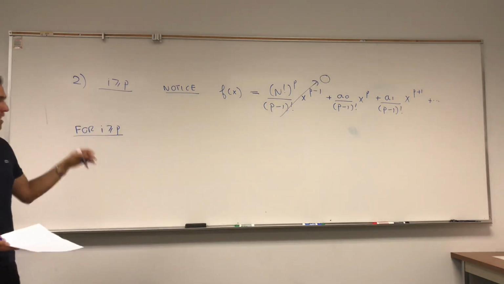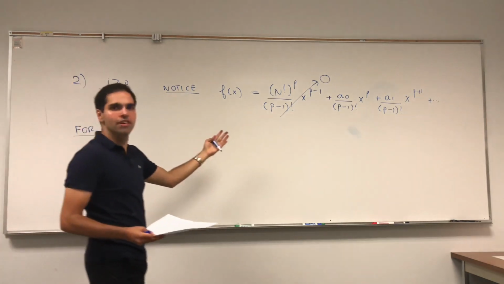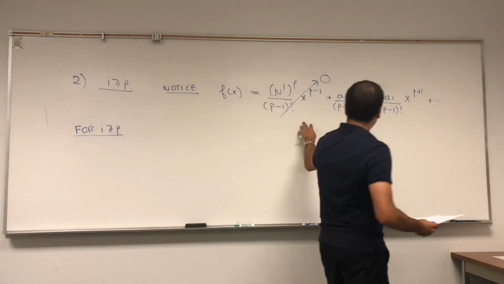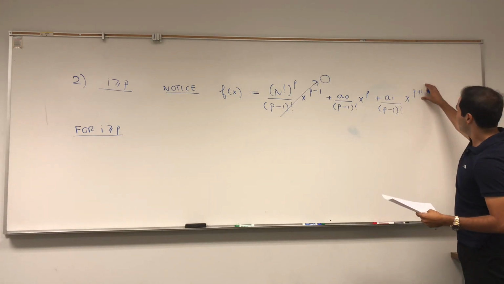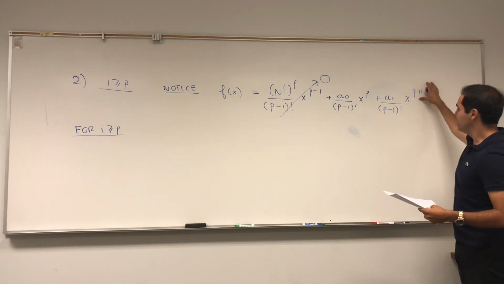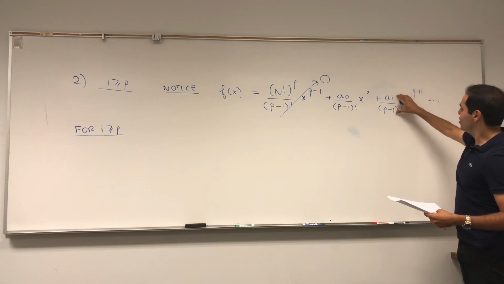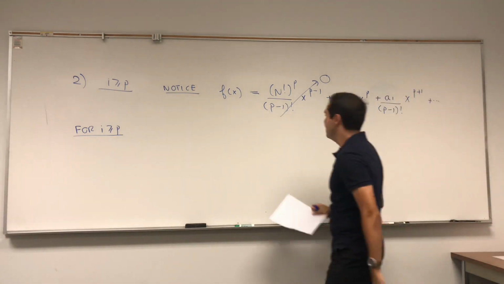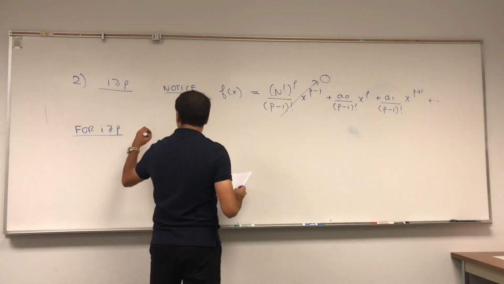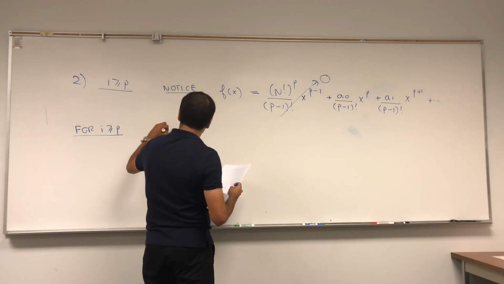What happens is if you take a lot of derivatives, then either the terms will cancel out, or you will take so many derivatives that the resulting coefficient will still be a multiple of p. So let's illustrate this for the pth derivative of f.